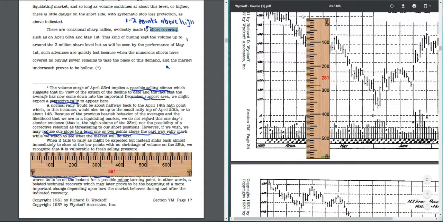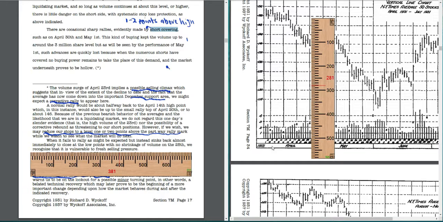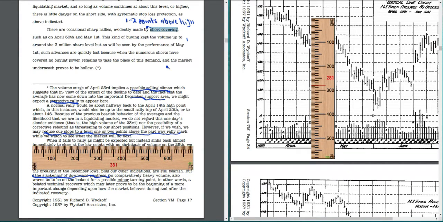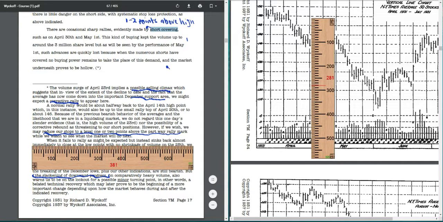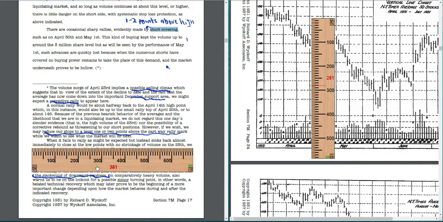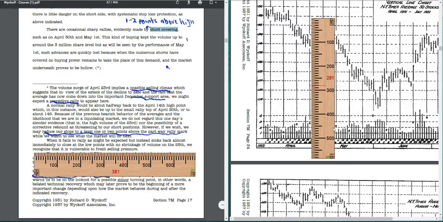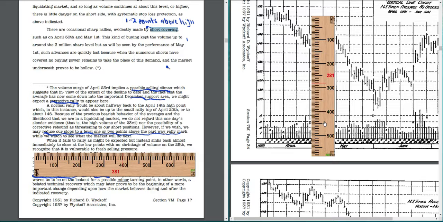So what he's saying here, when you see all this, we think, oh yeah, this is a selling climax, and we might expect a halfway back move, but again, no shrinkage in volume, and it goes right back down. So when it fails to rally as might be expected, but instead sinks back almost immediately to the close at the low point with no shrinkage in volume on the 25th, it's a little bit difficult to see here.